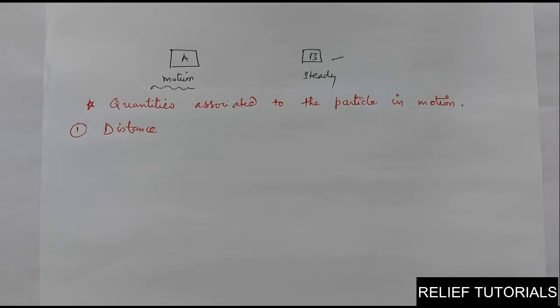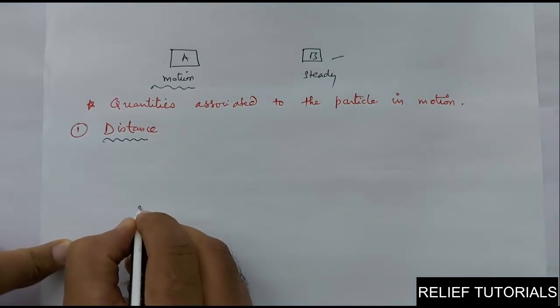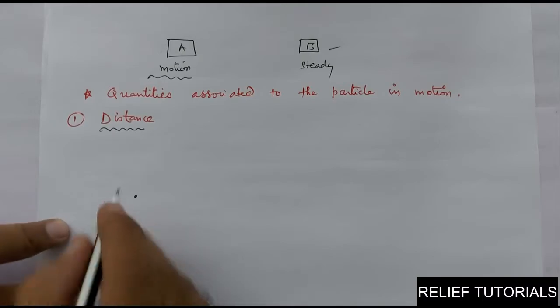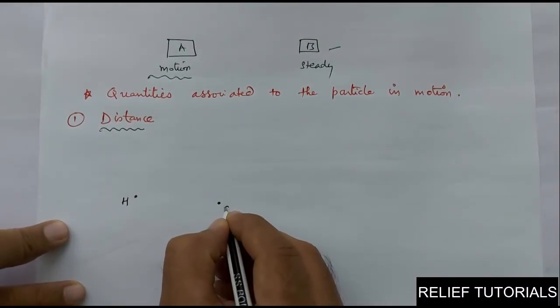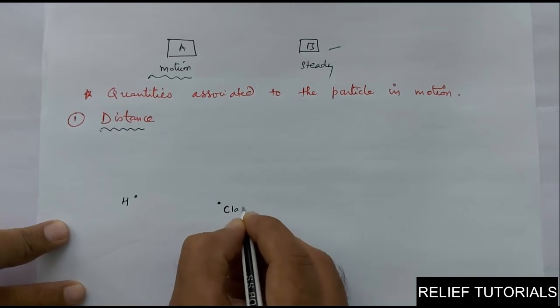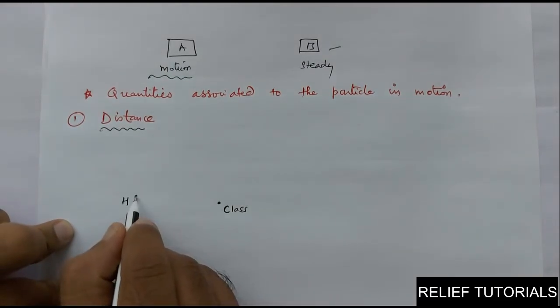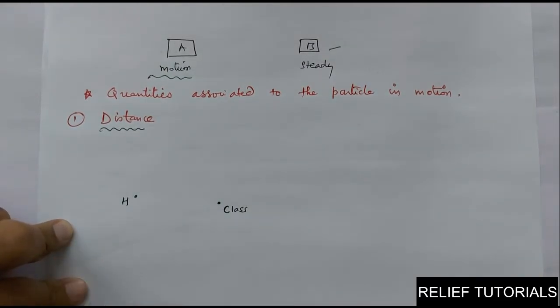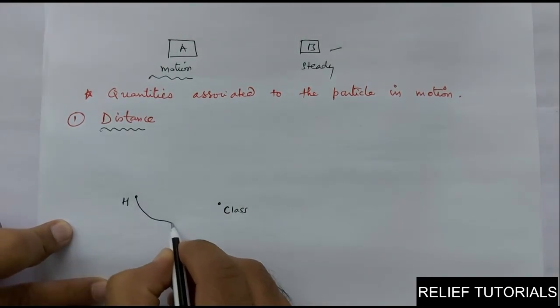Okay, consider here is your home and here is your class. This is your home and here is your class. One day you came to class by this route.